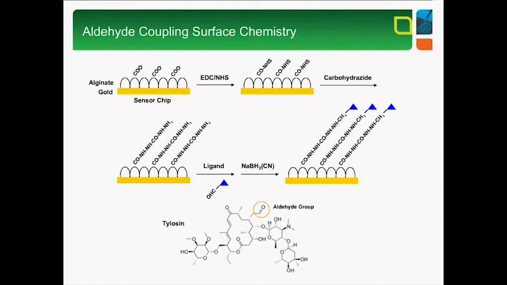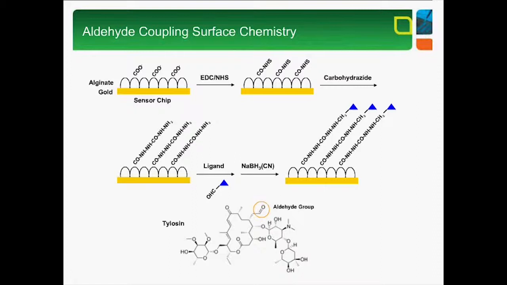So we spiked the milk samples with an antibiotic called tylosin, which is commonly used in cattle, such as cows. The small molecule tylosin has an aldehyde group, so we were able to immobilize tylosin to the sensor chip surface through aldehyde coupling.